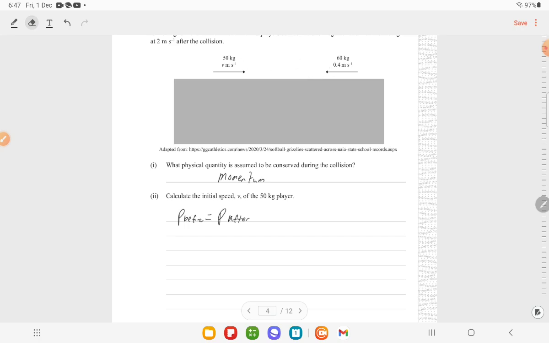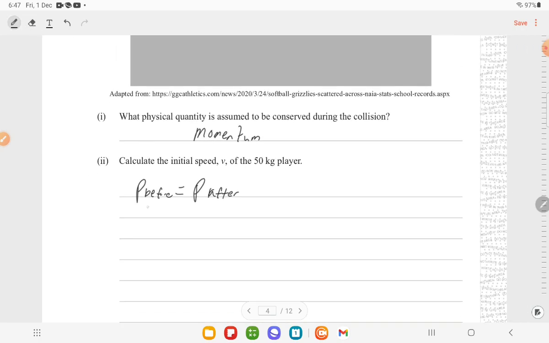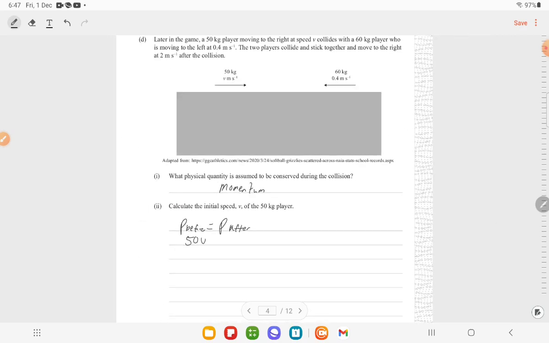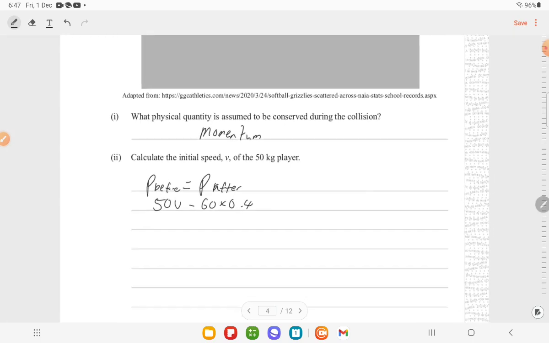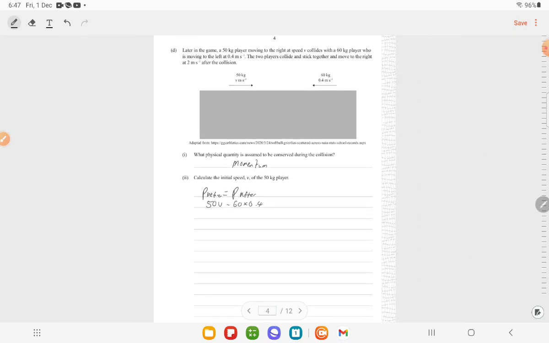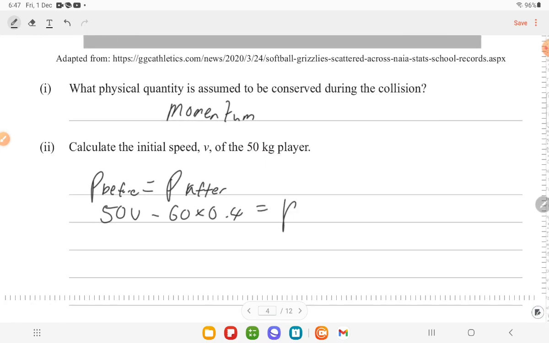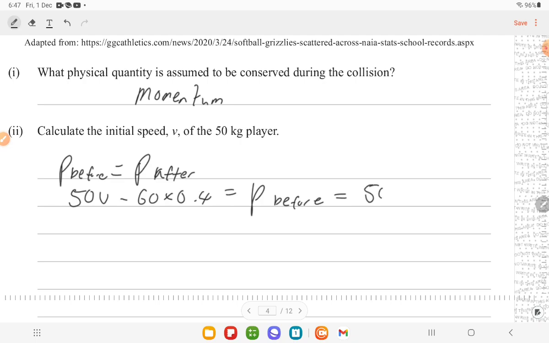That will be 50 times velocity, take away 60 times 0.4, which is p before. This is equal to 50v take away 24.